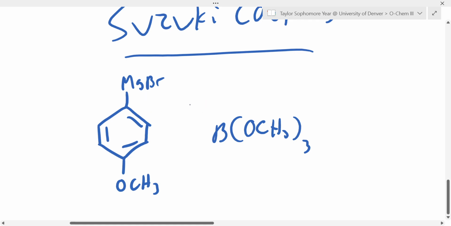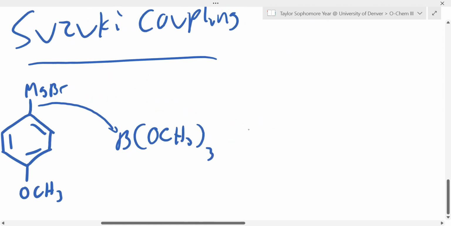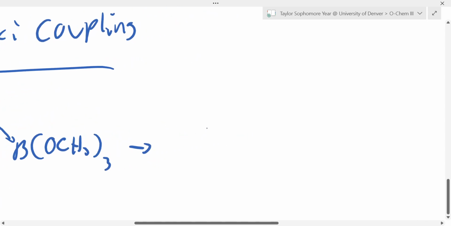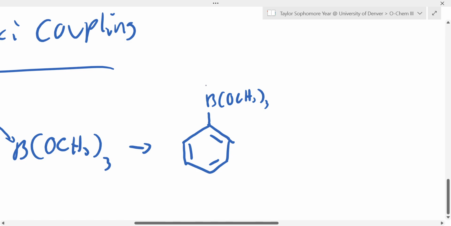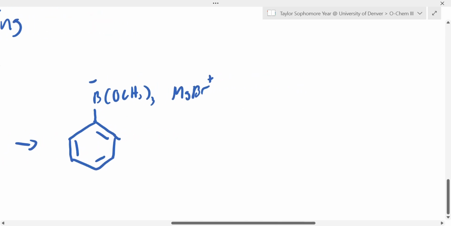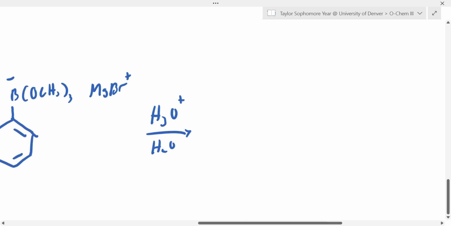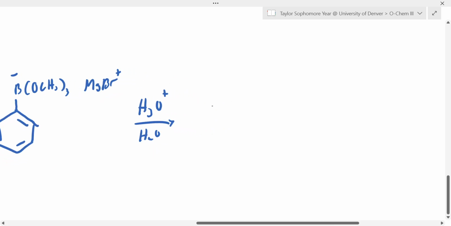This will come out here, leading to B(OCH3)3 minus, MgBr plus.